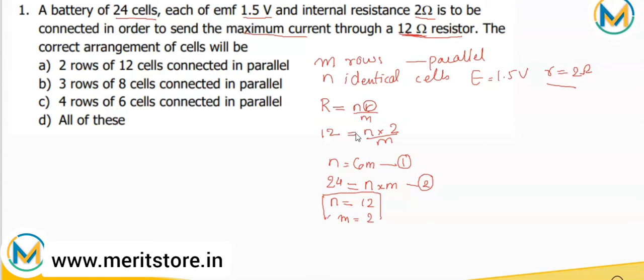That means there are 12 identical cells in each row and 2 rows connected in parallel. So the correct answer among the given options, 2 rows of 12 cells connected in parallel to each other, is option A.